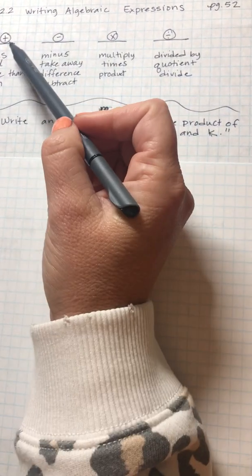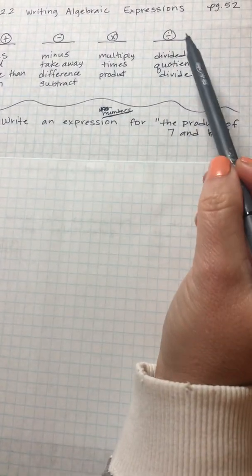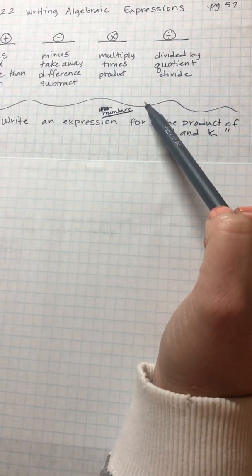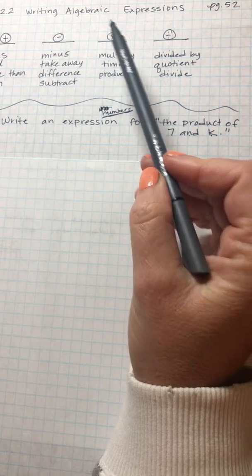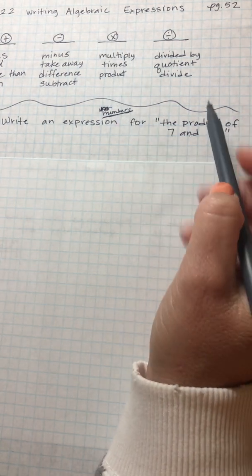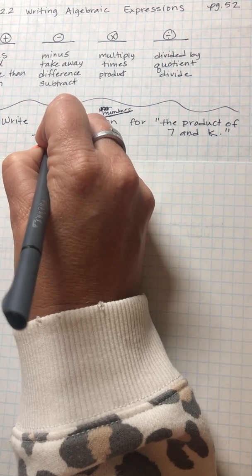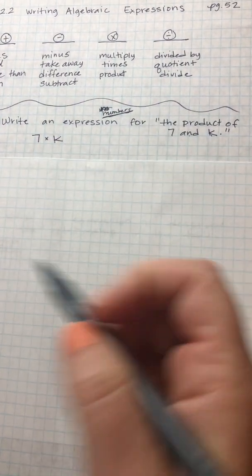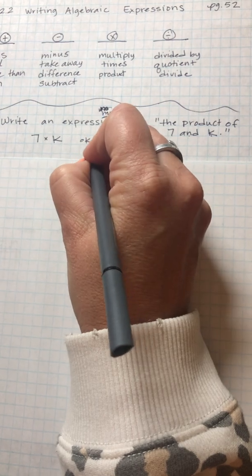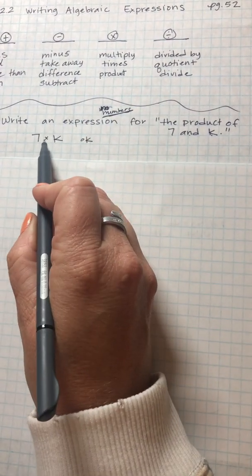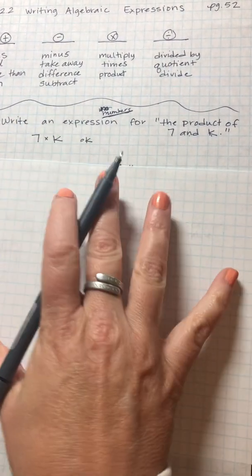So if I come up here to my list, where is product? Do you see it? Product is multiply. That's in our multiplication column. So we would write this 7 times K. And while this is an okay answer, in algebra, we don't use this symbol anymore, okay?